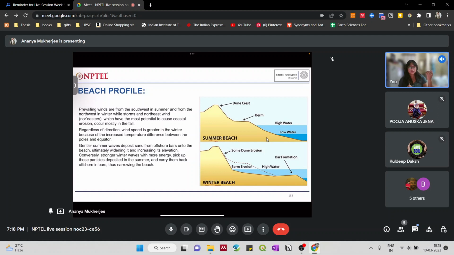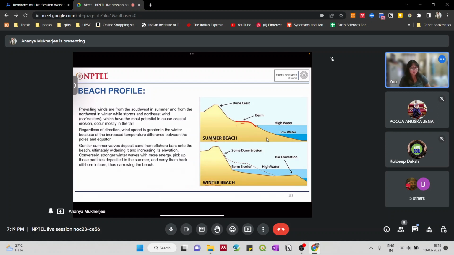During winter, you can see that your berm has eroded over here. Berm is a depositional landform, and you can see the dunes are behind the berm. As I said before, dunes are usually formed towards the landward side.